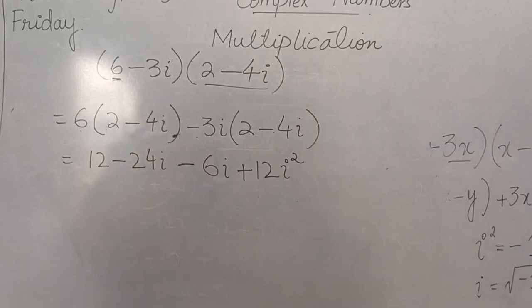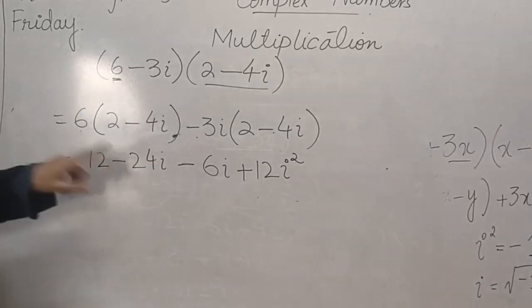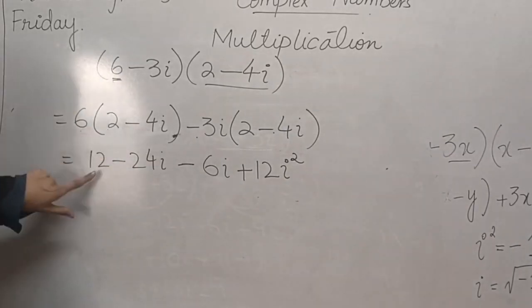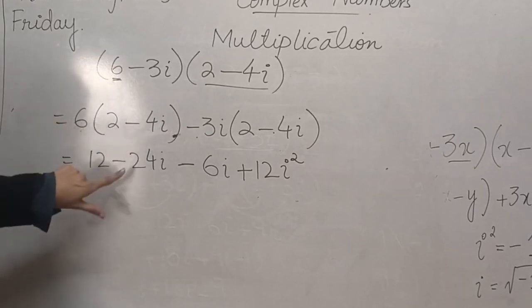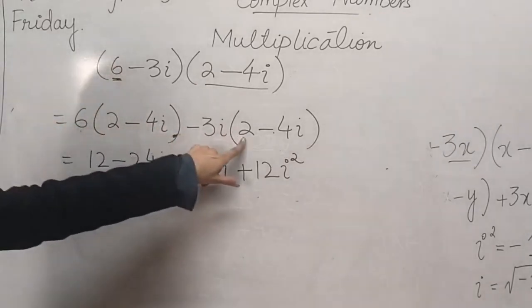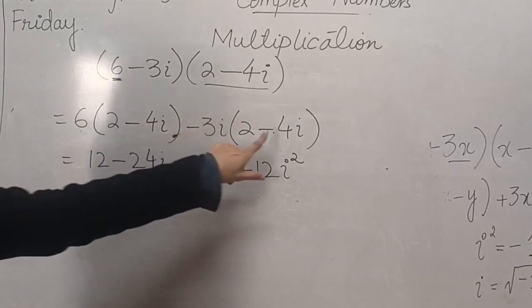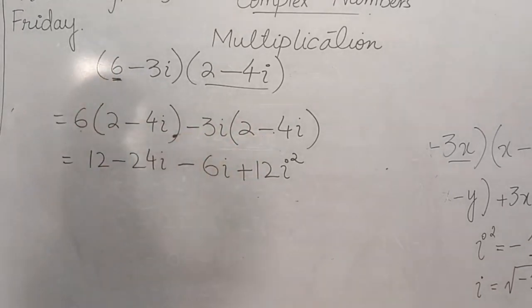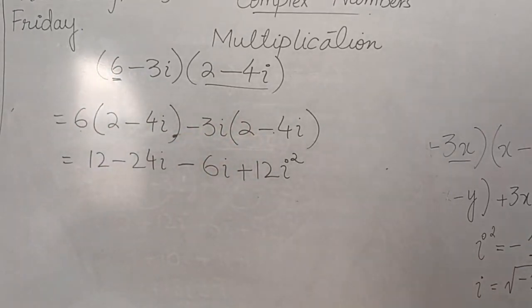Another important thing is signs. Do not ignore the signs. Plus times plus is plus, minus times minus is plus. When we have the same signs, minus or plus, we will add, and when we have opposite signs, we will subtract.